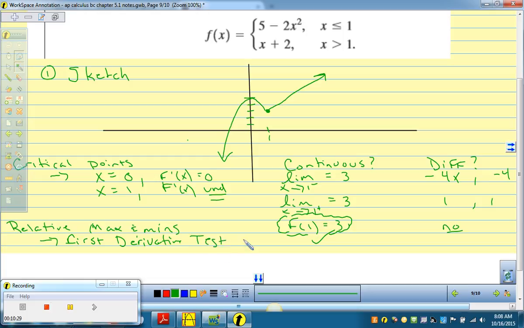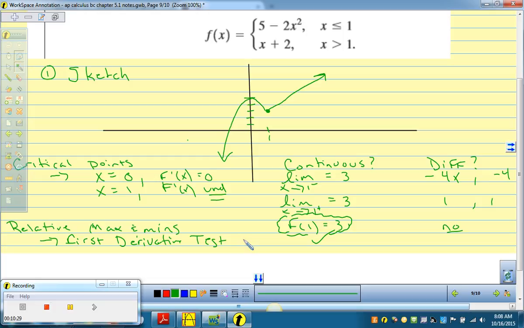Essentially you find your critical points, and you look to the left and right of them to see if the function is increasing, then decreasing, to show we have a maximum, or decreasing, then increasing, to show we have a minimum. Okay?